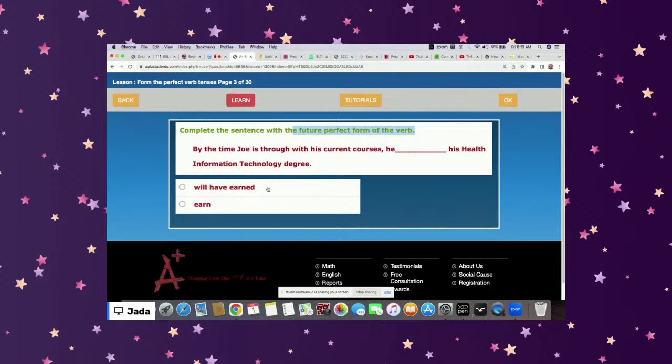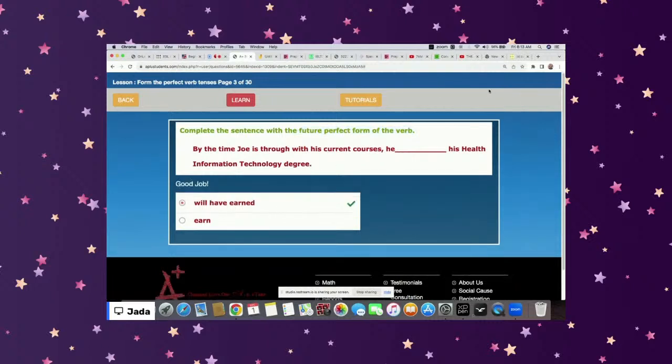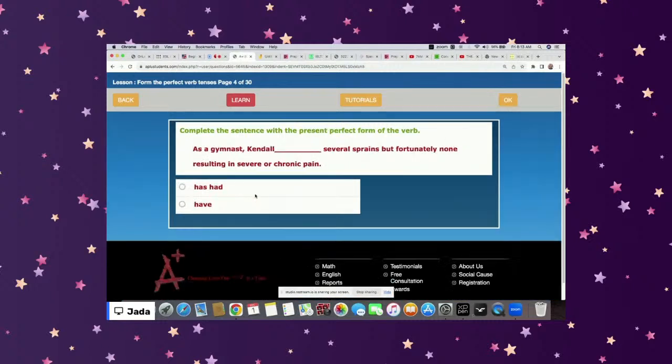Will have earned. Okay. As a gymnast, Kendall dashed several sprints, but fortunately none resulting in severe or chronic pain. So this is for present.